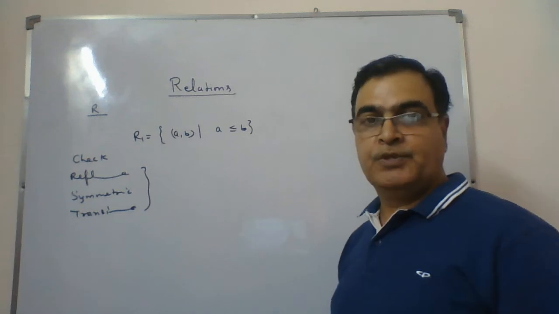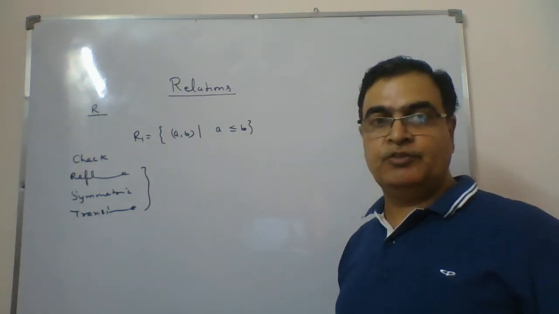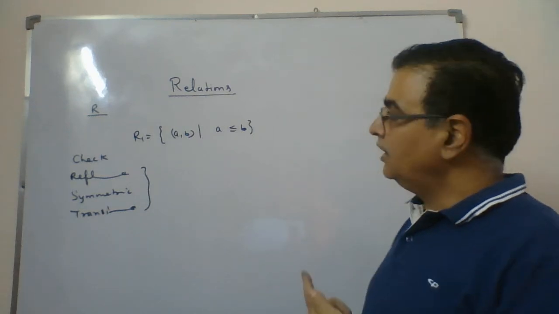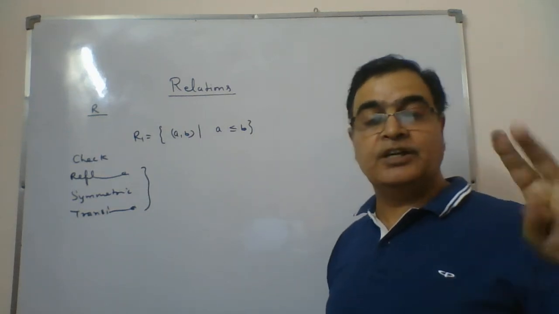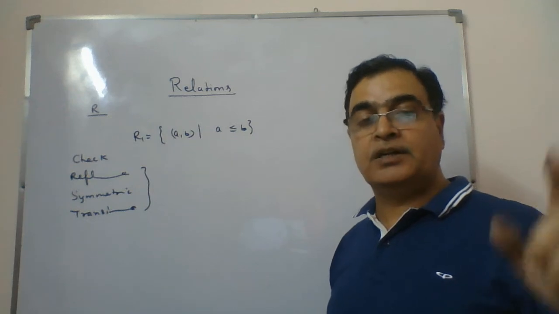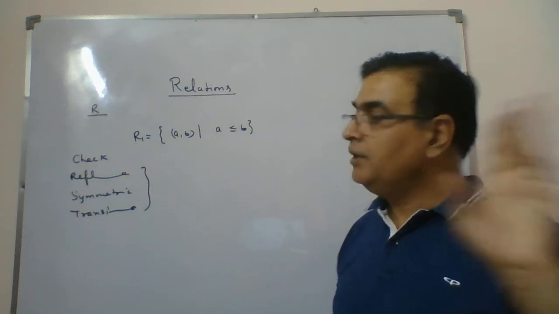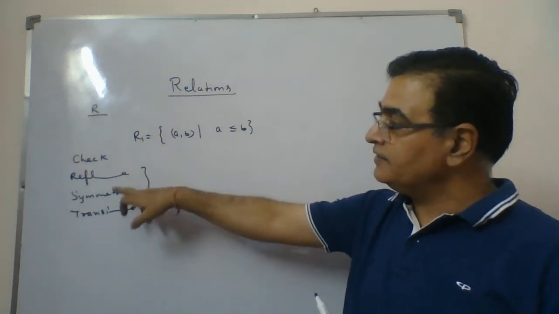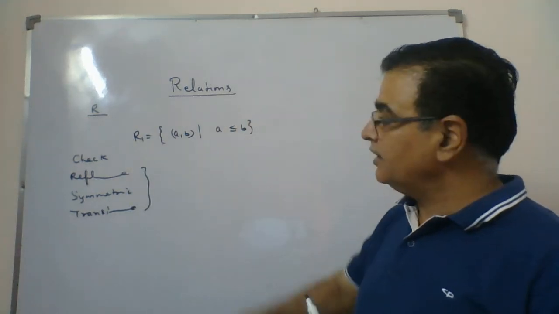Third type only. First, we have done those questions in which we proved equivalence relation when a single set was there. Now, this is the second question type we have done in which the relation was equivalence, but the set was in Cartesian product form. And now we are coming to the questions in which we are going to check whether this is reflexive, symmetric, and transitive or not.